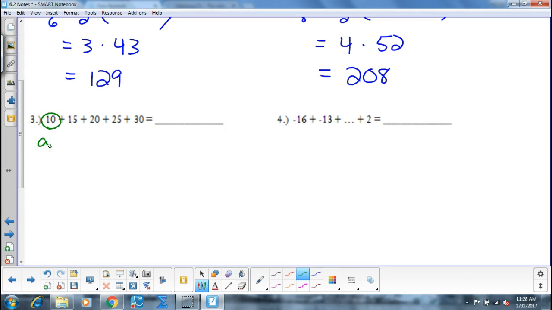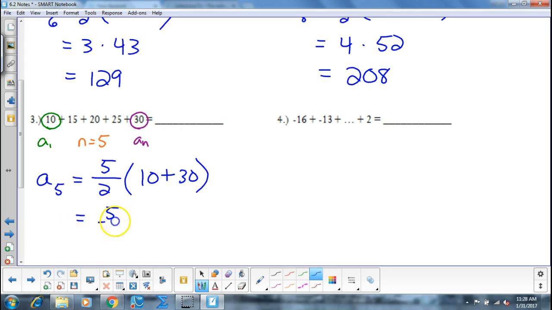A sub 1, A sub n, and n equals 5. Odd number. S sub 5 then is going to be 5 divided by 2 times 10 plus 30.